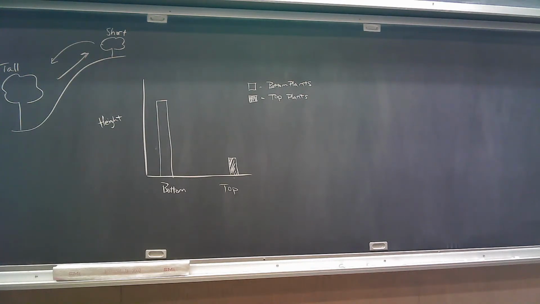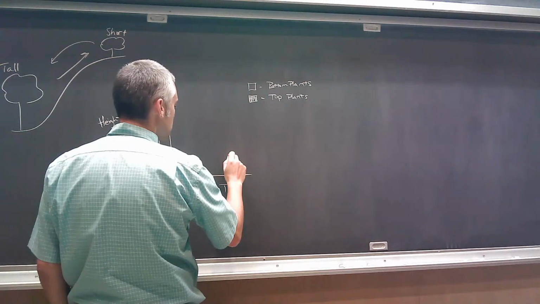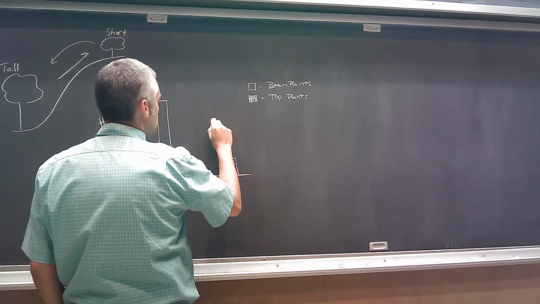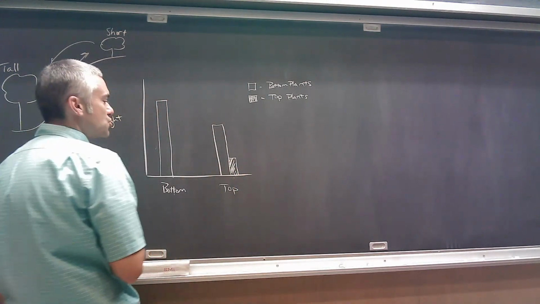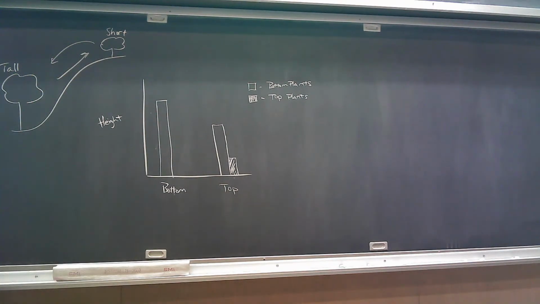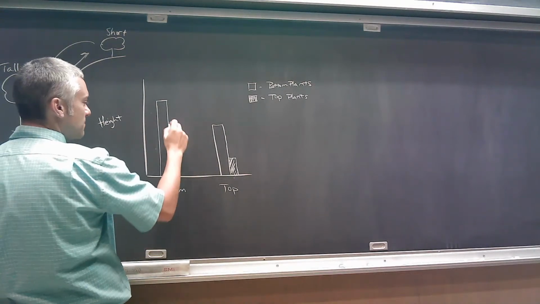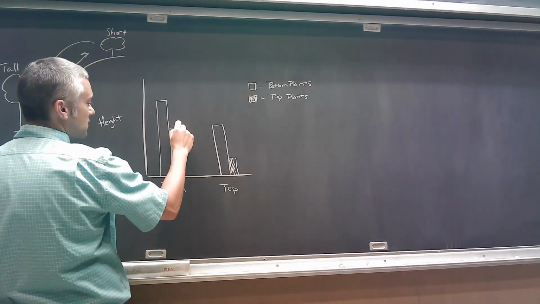What we can notice is maybe those bottom plants, when grown at the top, are shorter than if they were grown at the bottom. And those plants grown at the top, when they're transplanted and grown here at the bottom, they might be taller.